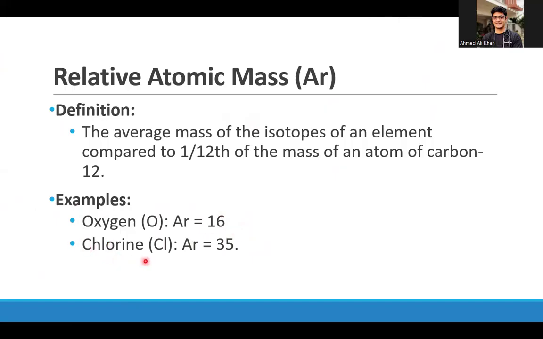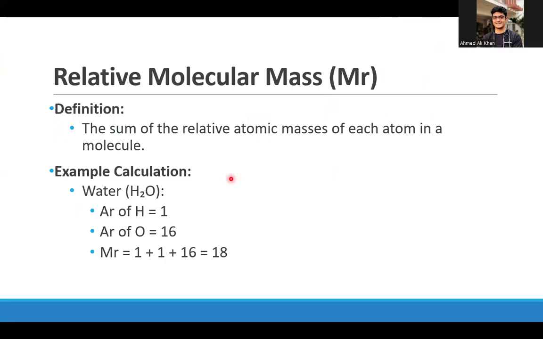For example, hydrogen and oxygen bond to form a really common compound which makes up 70% of our planet, and more than 60% of our bodies, known as water. Water is a molecule, so the sum of the masses of the individual atoms in this molecule is known as the relative molecular mass, or MR.